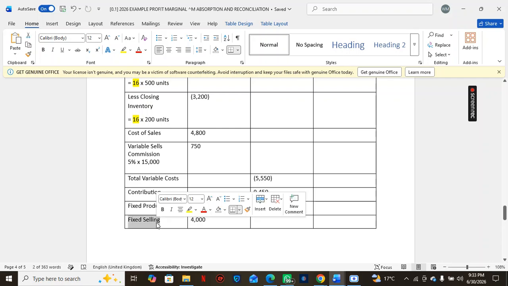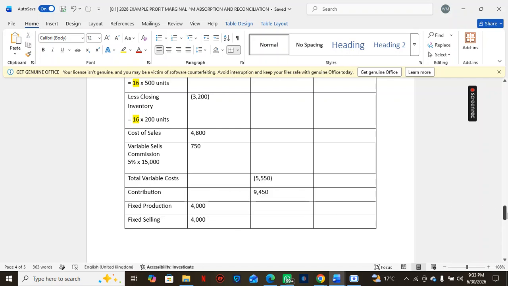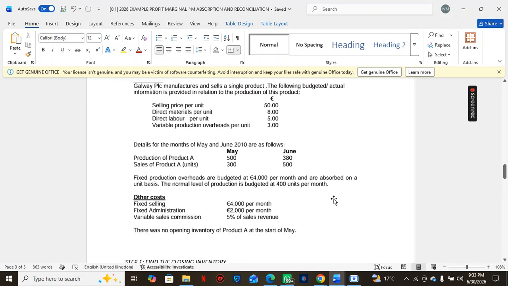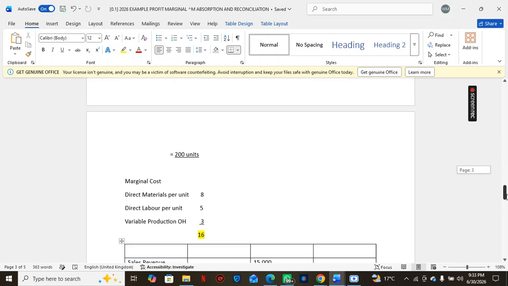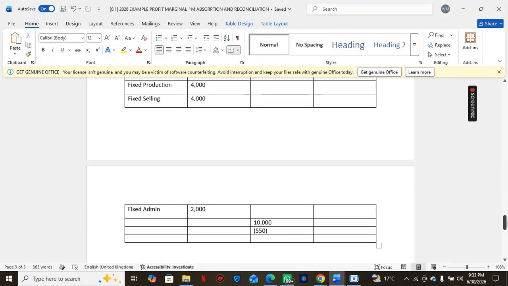Our fixed selling costs, fixed selling 4,000 euros per month here.